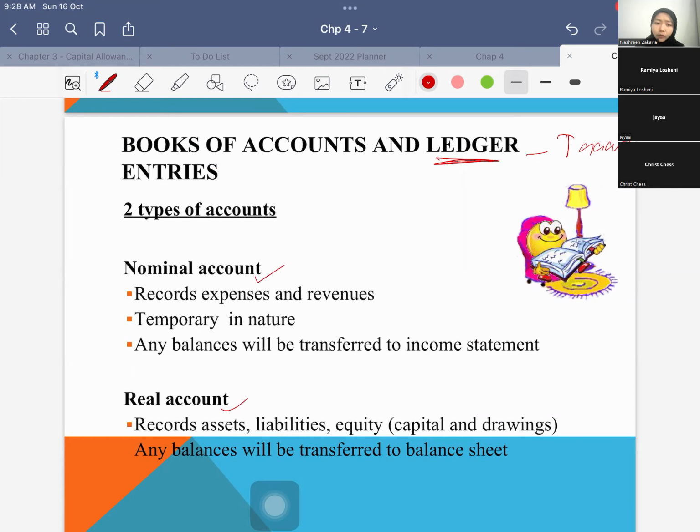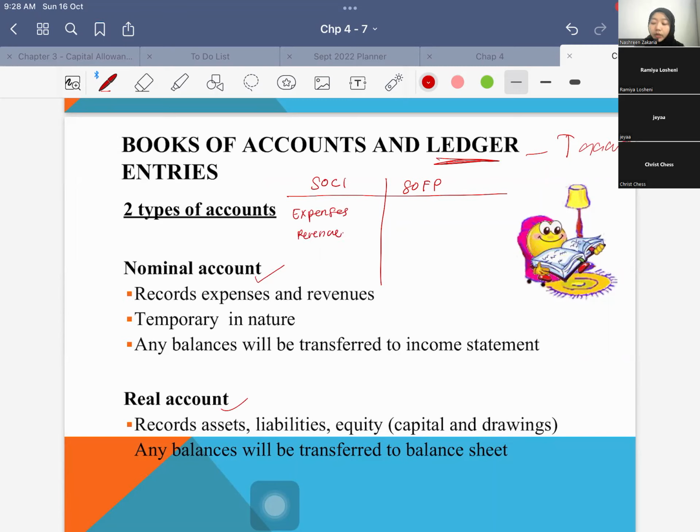Okay, I think I have already explained about this one, where we have two types of financial statement, isn't it? SOCI, statement of comprehensive income, SOCI tu. And then we have SOFP, statement of financial position. Okay, I have already mentioned about this. What will be recorded under SOCI is only expenses and revenue.